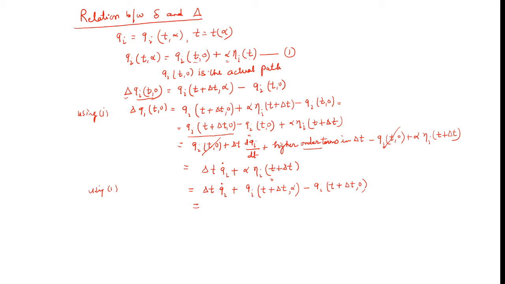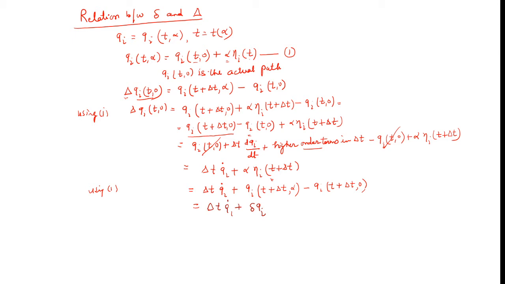Now look at this expression. In this expression, your time is fixed. Only alpha is varying. So it is the curly delta variation of qi, because time is fixed. So what I will do, delta t qi dot plus delta qi, because here time is fixed.